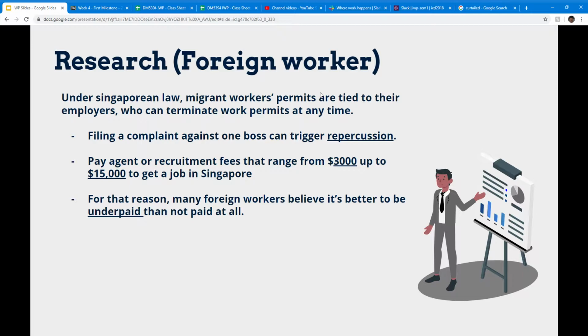Foreign workers typically pay agents recruitment fees that range from 3,000 up to 15,000 to get a job in Singapore, all of which add pressure on the worker to make money once in Singapore. For that reason, many workers believe it's better to be underpaid than not paid at all.